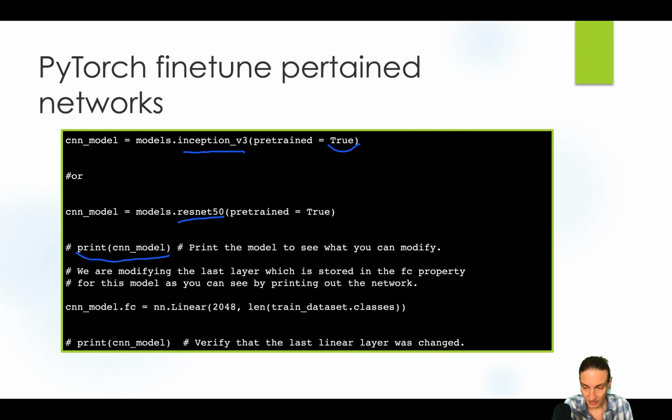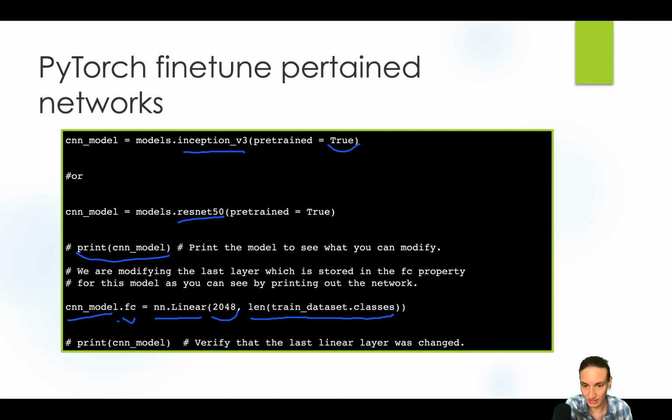Now, very interestingly, once you've loaded this model, you can actually change part of it. In this case, we call the model again, and then we say change the fully connected layer, which is the last layer of the model, to a linear layer with the same input as it had before. You could see that if you printed the model. Then you just change the number of output nodes to the number of classes that you have in your dataset.